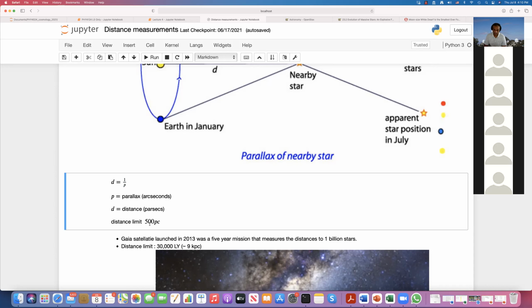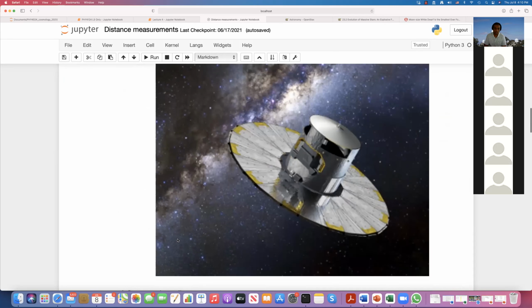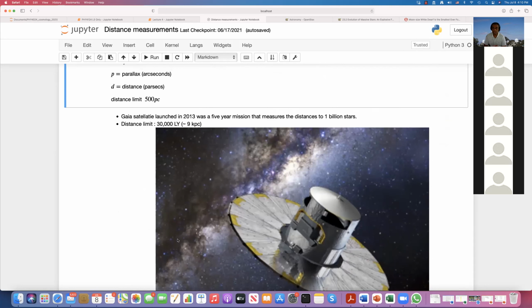Now, there are specific satellites that we launch to measure these parallax angles for stars in the Milky Way, right? And one of the latest launches like that is this particular satellite, which we call the Gaia satellite. So this was launched in 2013 and was operating, as far as I remember, until 2018.